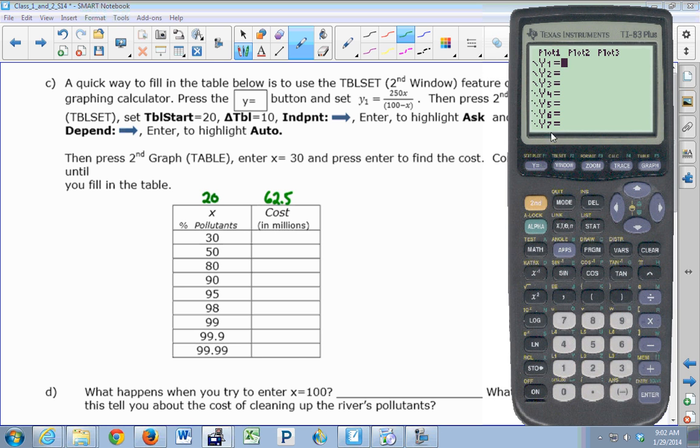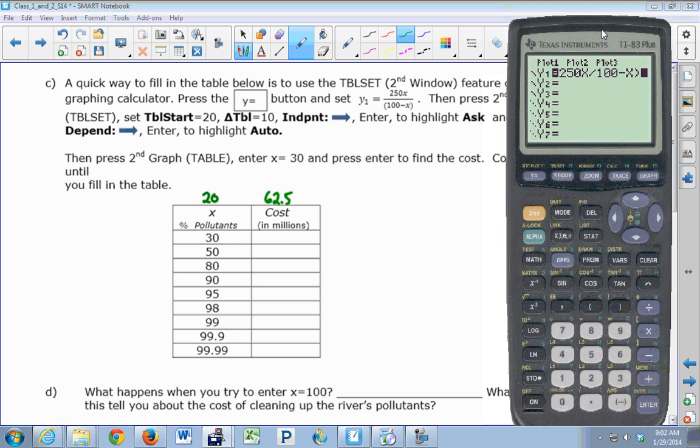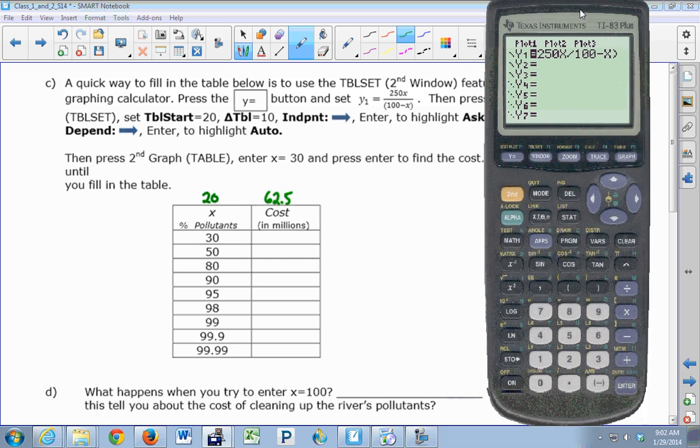We've got a bunch of possible equations we could put in here, but we're going to say 250x, where x is our x right there, divided by, and now this is where you have to use your parentheses, or else it's not going to divide by the whole 100 minus x. 100 minus x. Now, a lot of students don't really recognize, yeah, go ahead. Oh, thank you. Well, I would have definitely screwed up, huh? Okay, second, insert paren. Okay, there we go.